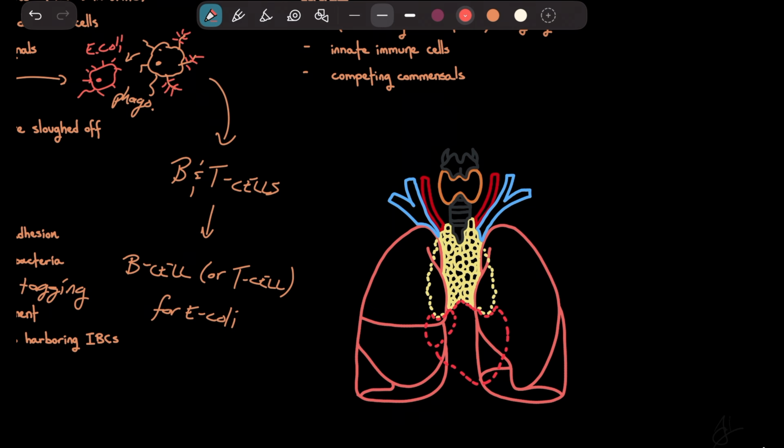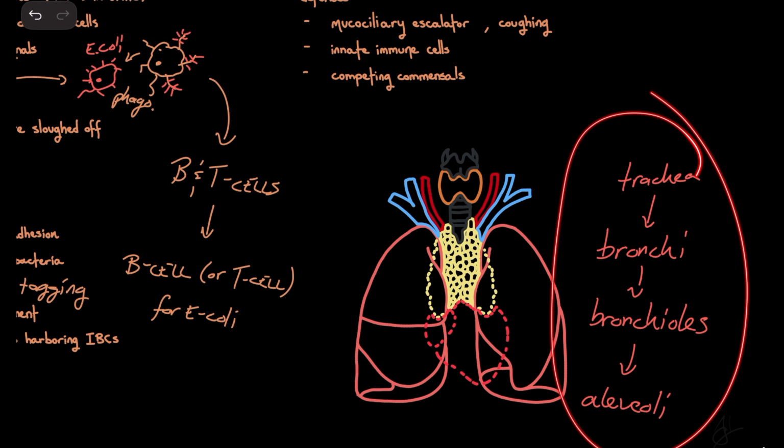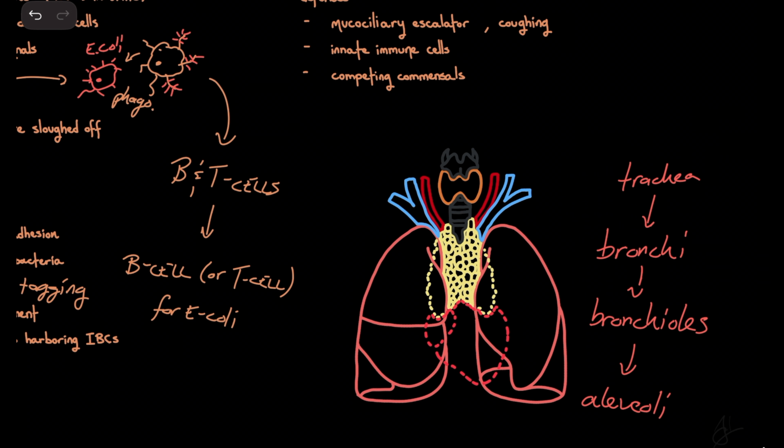I'm not concerned with all of that, but if you want it, it goes trachea, bronchi, bronchioles, alveoli. It's a little bit of an oversimplification, but that's the branch that we're going down.